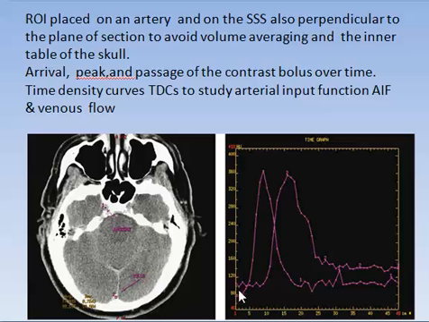This is the arrival, this is the peak, and this is the passage of contrast with time in the two sites, 1 and 2. This is for the artery, this is for the superior sagittal sinus, and that's why we can exclude the changes due to volume averaging and bone artifacts.